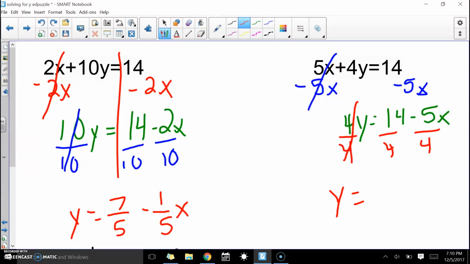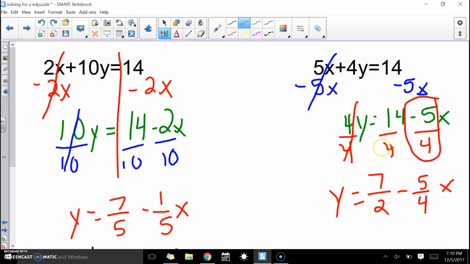Oh shoot, hold on, that should give me 7 over 2. Yeah, 7 over 2. And then I do negative 5 divided by 4, and that just stays as negative 5 over 4 x.